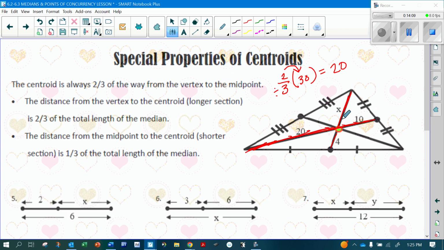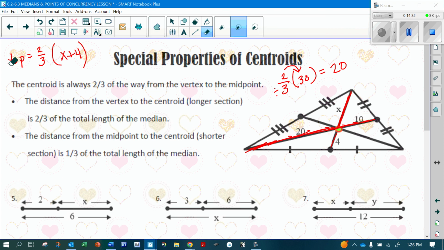So what about this one? So the rule is that the top part is 2/3 of the whole thing. The whole thing would be x plus 4, which is super crazy. So the top part, we'll call that x.